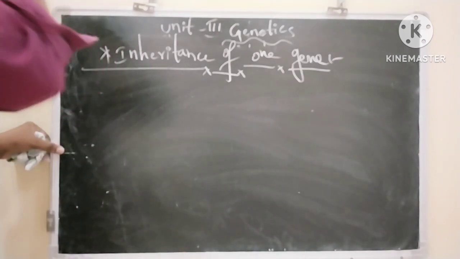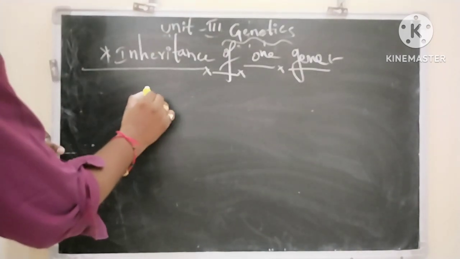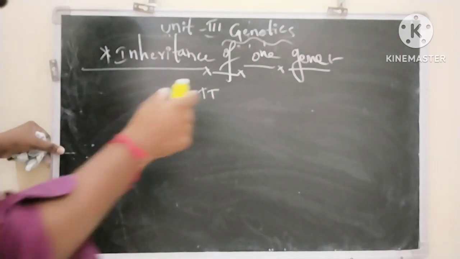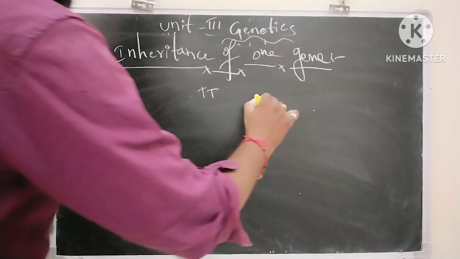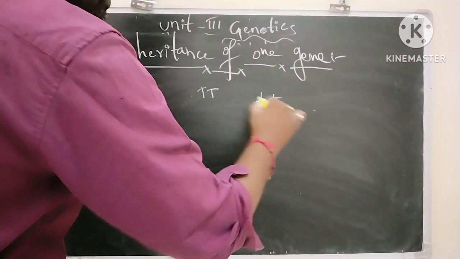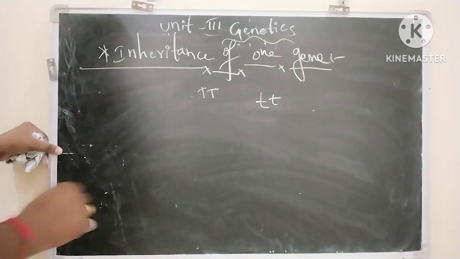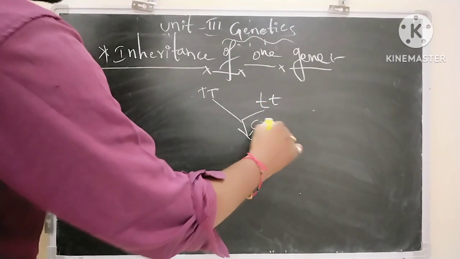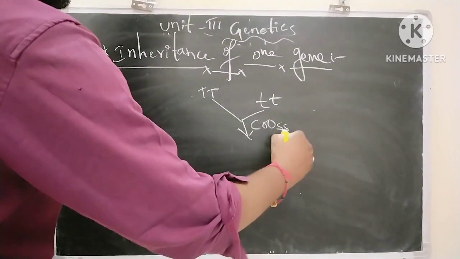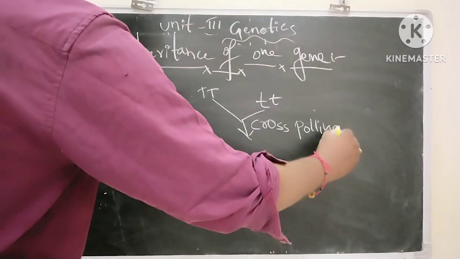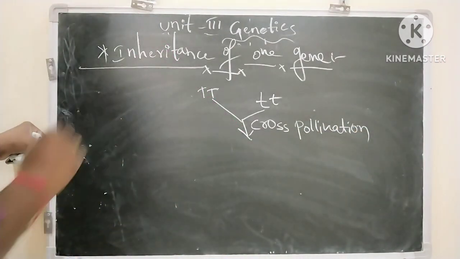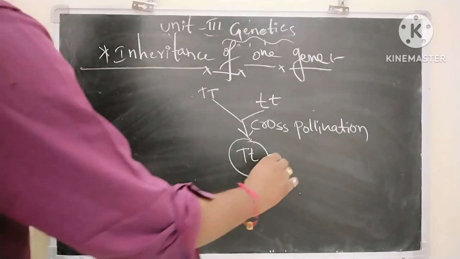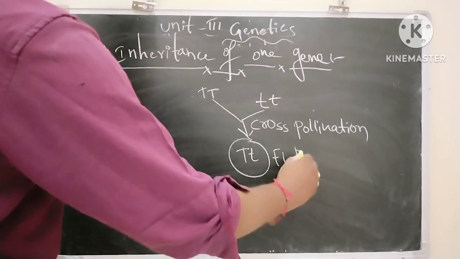First he selected a pure tall plant and a pure dwarf plant, and performed cross pollination between these true breeding lines. Whatever generation was obtained, he called the F1 progeny.